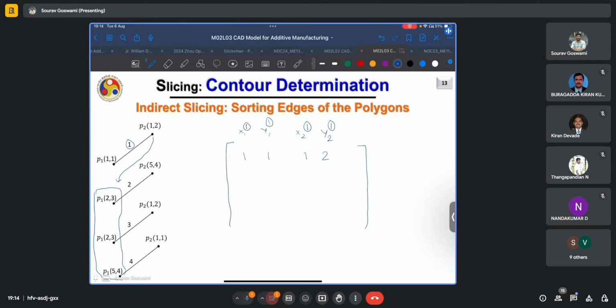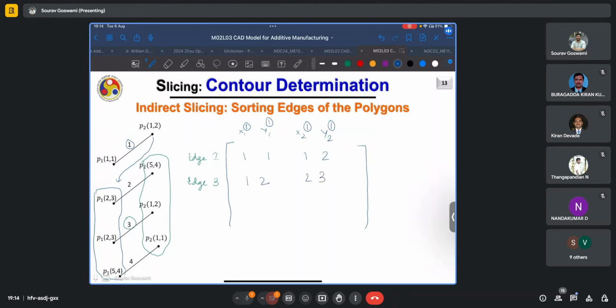So now we try to match it with the second point of the edges. Does 1 2 match with 5 4? No. But it matches with edge 3. So this was edge 1. Now edge 3. Now we flip it. So P2 becomes point 1. We have 1 2 and then 2 3.